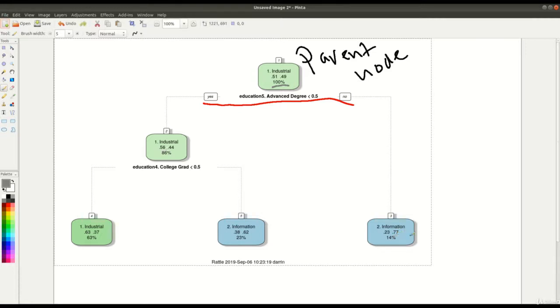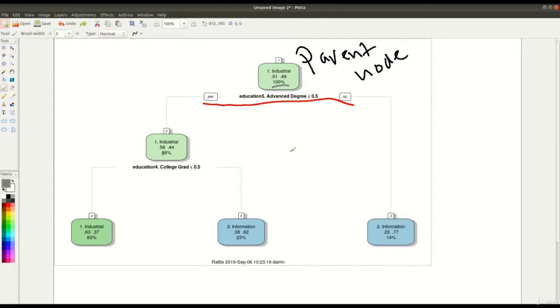And now here's something else that's very important. If you take 86, which is the percentage of data that's here, and 14, which is the percentage of data down here, it'll add up to 100. That's what's happening every single time when we split. And so right now we went from having 100% of the data in this parent node to 86% of it here and 14% of it here.